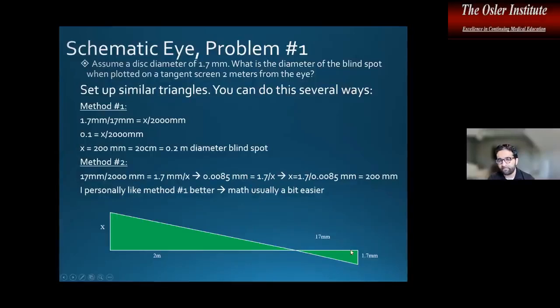The math is usually a bit easier if you do height over the base of one triangle is the same as the height over the base of another triangle. So just showing you method 2 works. You will have to do some very difficult math unless you're a prodigy and can do this in your head. I can't do that in my head. Again, I'm not very smart. You may be much smarter than I am. You may be able to do this relatively easier, whereas I think it's going to be a little bit harder to do it like this. So I think it's going to be easier if you stick with method 1 over here.